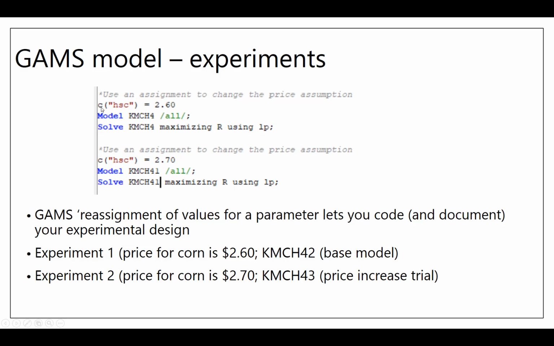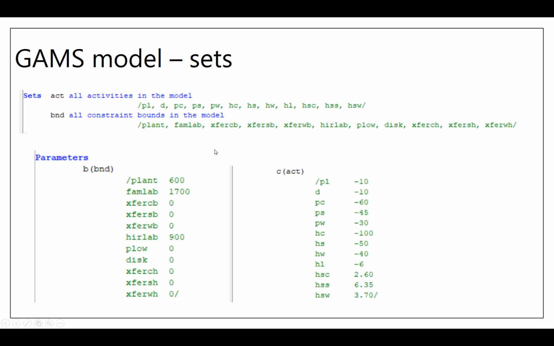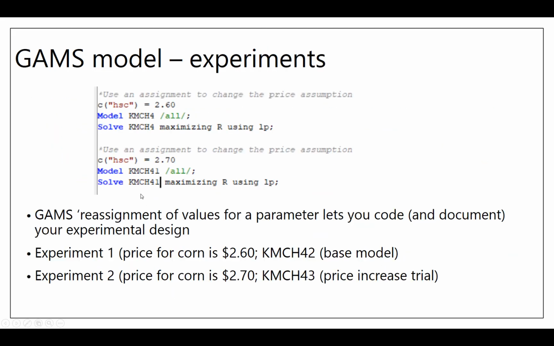So even though it was initially set up right here, the C value for HSC was 260, you can use an assignment statement, C and then parentheses HSC, and it'll reassign in that vector C, it'll reassign the one element to be $2.60.